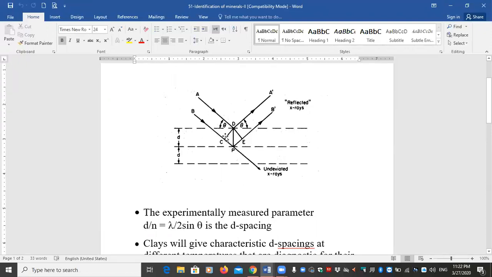Remember, we don't go from the top of the silicate layer or the crystal unit to the bottom of it. That will be a constant, always the same. It will never change. But we go to the top of the next layer, the next crystal unit. So if there is an internal space, it will be included.